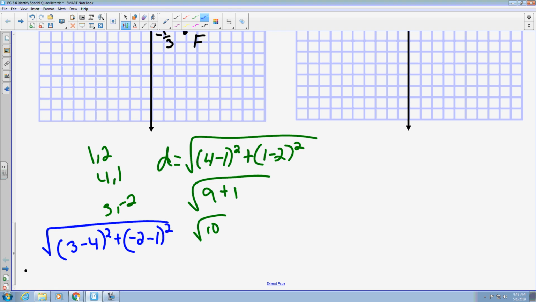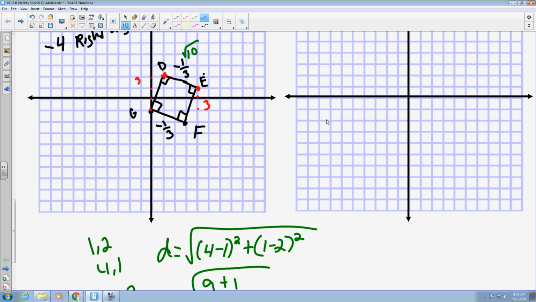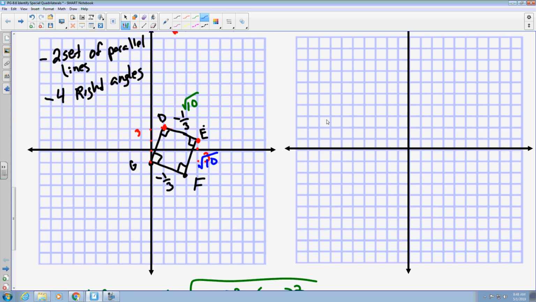So 3 minus 4 is negative 1, negative 1 squared is 1, plus negative 2 minus 1 is negative 3. Negative 3 squared is 9. Yeah, it does give us the square root of 10. The opposite side would also be congruent because it has characteristics of a rectangle. So now we have 4 equal sides, which means that the most specific quadrilateral in this case is a square.